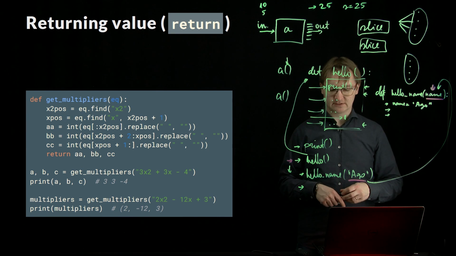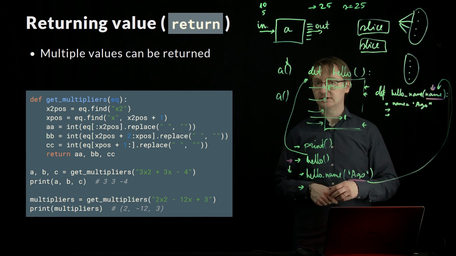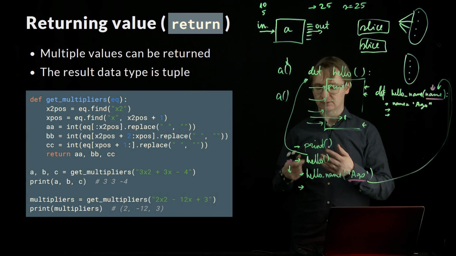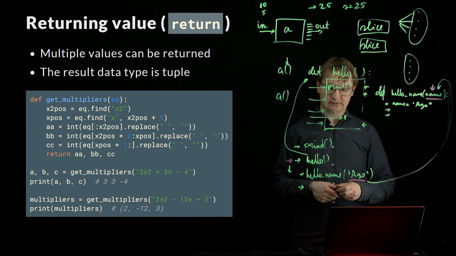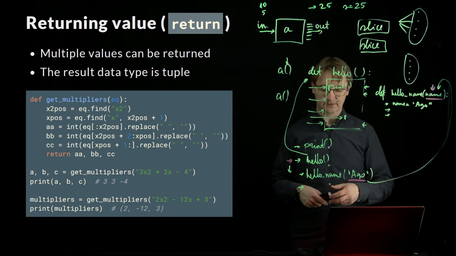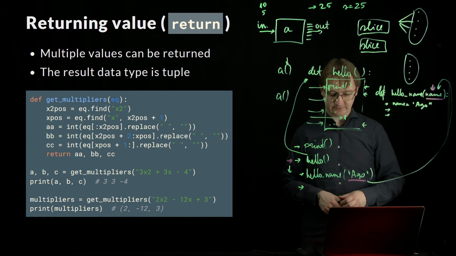Here is a more complex example. The idea here is that we can return multiple values with the return statement. We just separate them by comma. What happens is that it returns a tuple. The data type it returns is tuple. We will talk about tuples in a separate video.